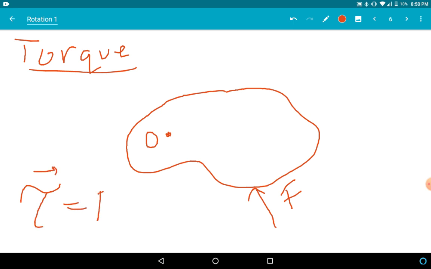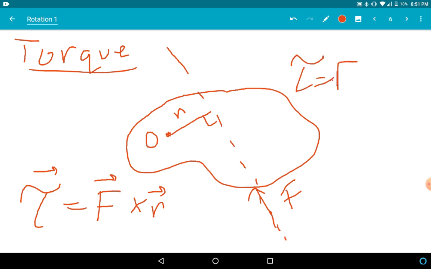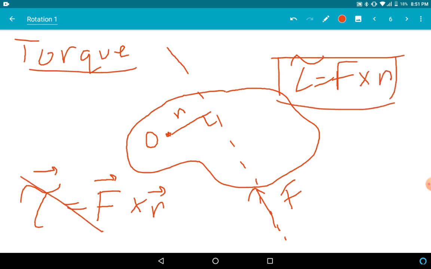It's nothing but what we will learn later in class 11 as F cross R. What this actually means in simple language is that when you extend F, let's say this is F, the perpendicular distance from O to F is the R, and tau is nothing but the product of F into R. Just remember this now, you don't need to write this because this is a little bit advanced.